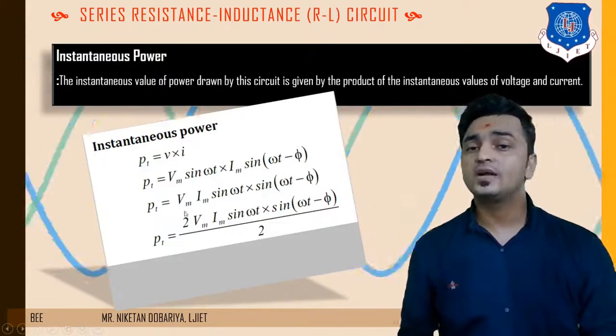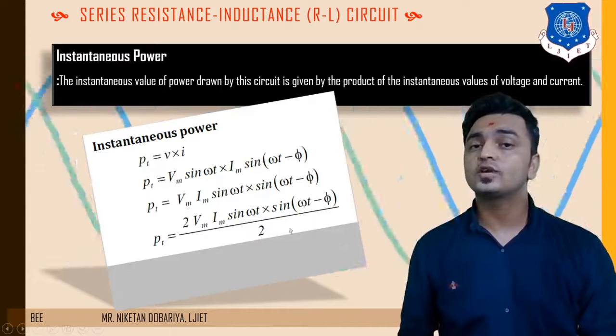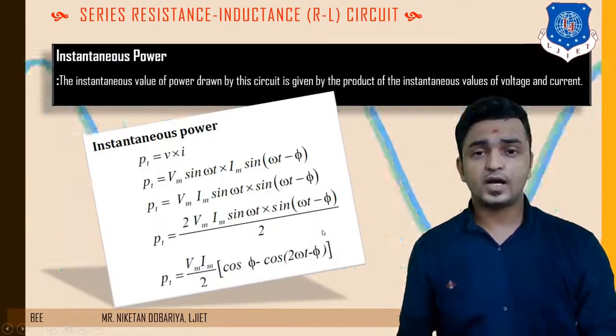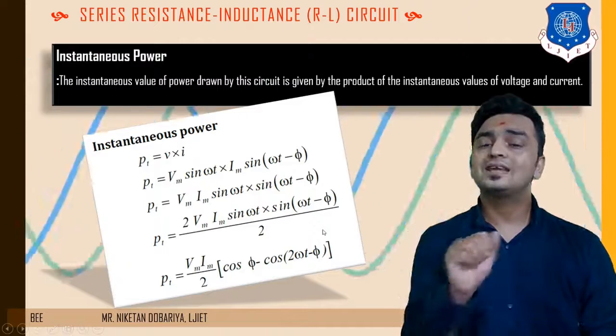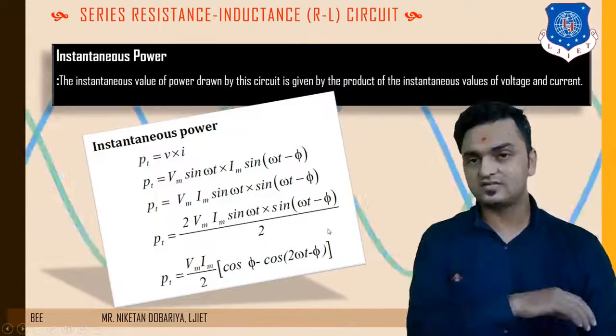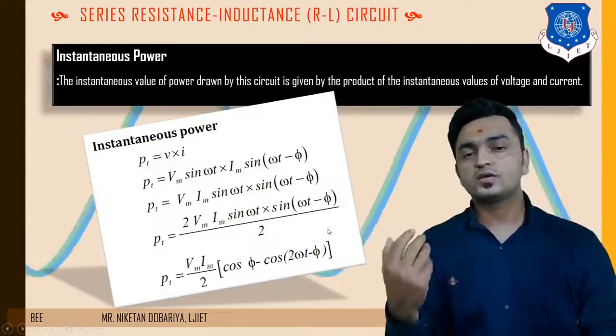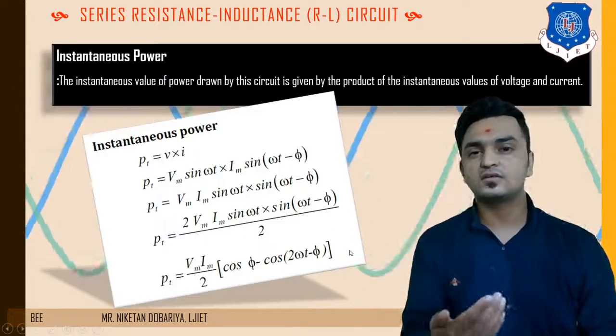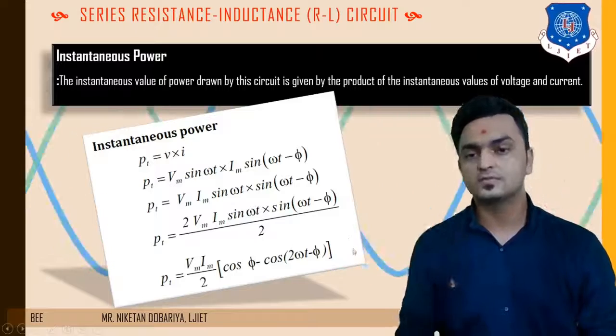That's why we multiplied this equation by 2 and also divided it by 2. And that will provide 2 sine into sine as cos C minus cos C. Actually it is cos minus cos, but first of all we subtract the angles, and next we add the angles. That's why we see C minus C.